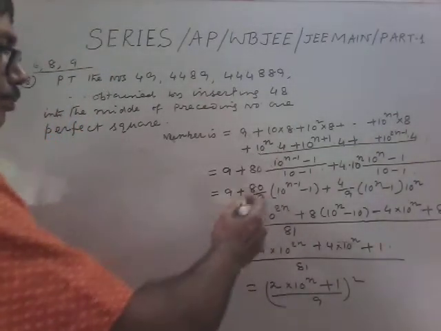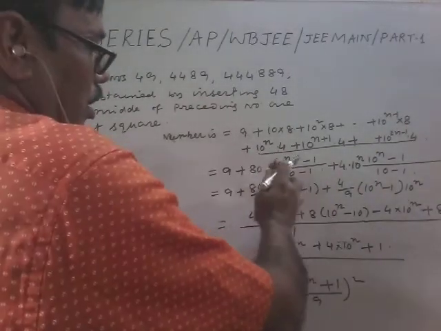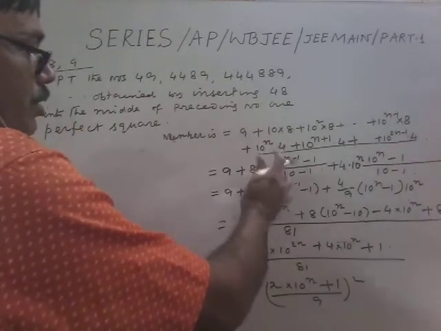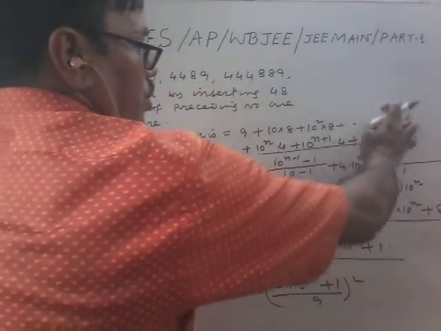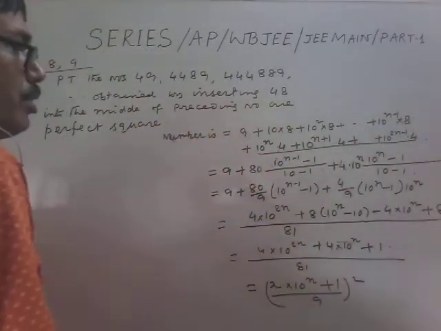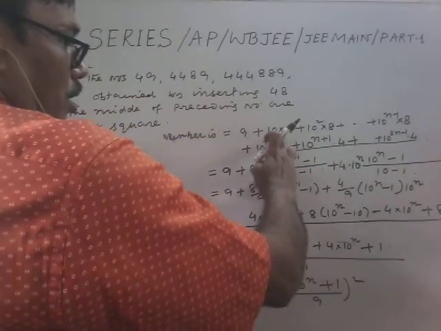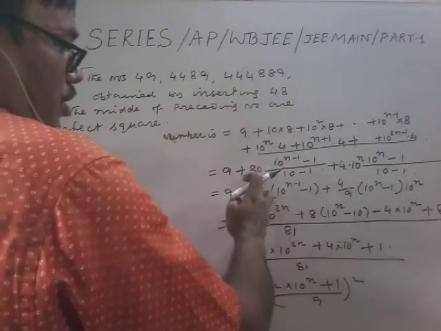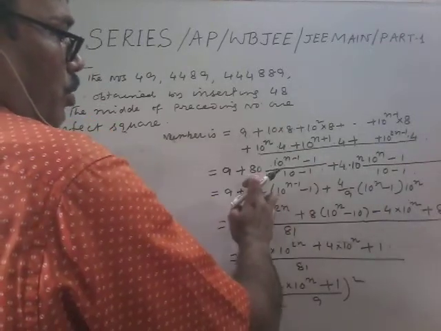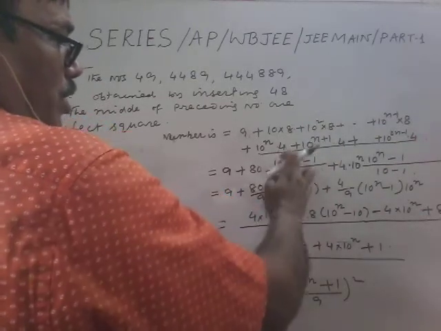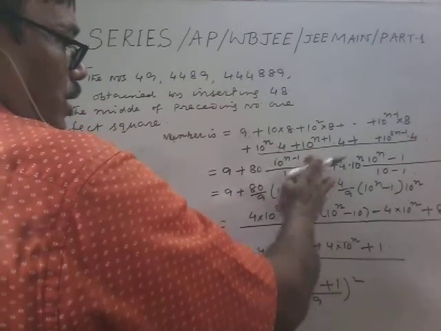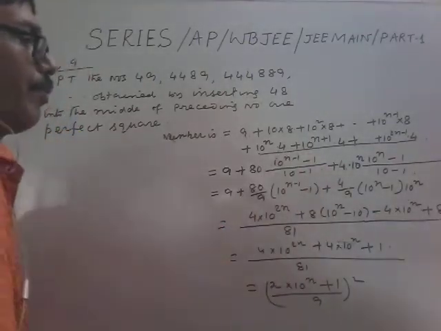Now look, this is 9 as it is. So 10 into 8, 10 square into 8, 10 to the power n minus 1 into 8. So 10 into 8 is 80, 80 common. So first term is 1, so 1 into common ratio 10 to the power n minus 1 by 10 minus 1.